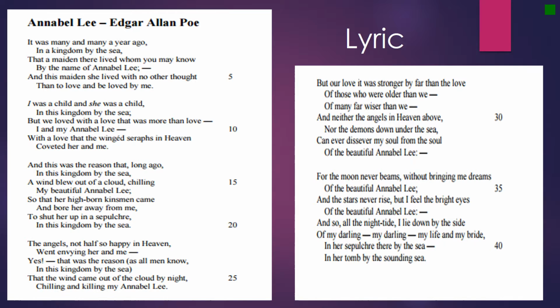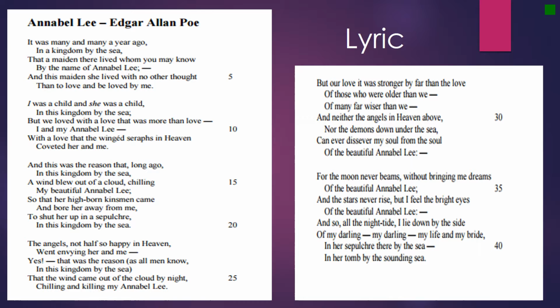For the moon never beams without bringing me dreams of the beautiful Annabel Lee, and the stars never rise but I feel the bright eyes of the beautiful Annabel Lee. And so, all the night tide, I lie down by the side of my darling, my life and my bride, in her sepulchre there by the sea, in her tomb by the sounding sea.